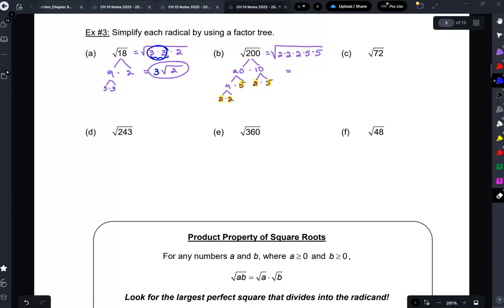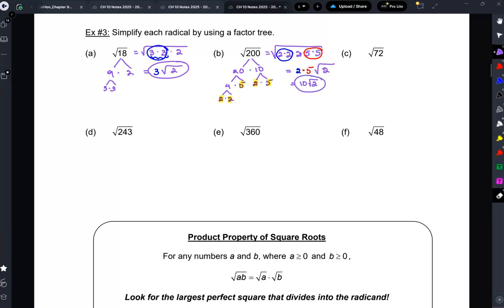So look, one pair of 2's comes out as a single 2. One pair of 5's comes out as a single 5 and they get multiplied. This 2 has no pair, it stays. So now I have 2 times 5, 10 root 2.